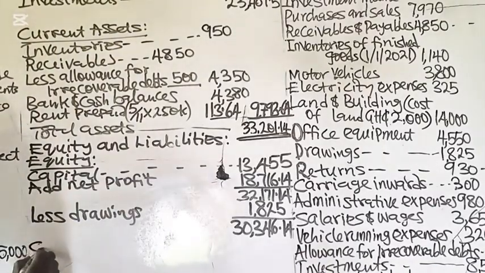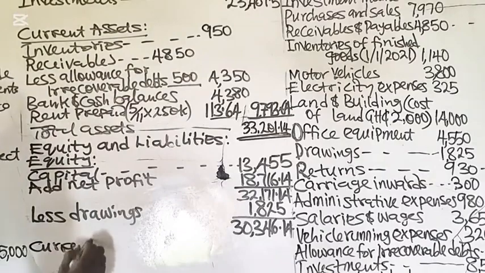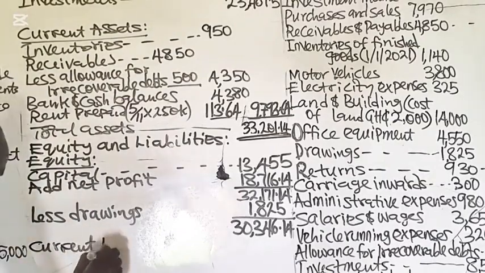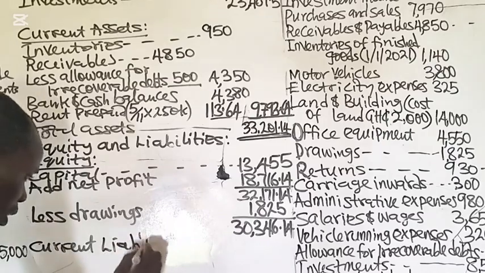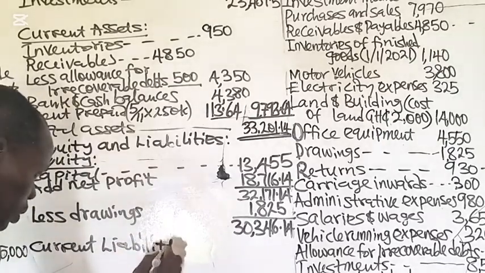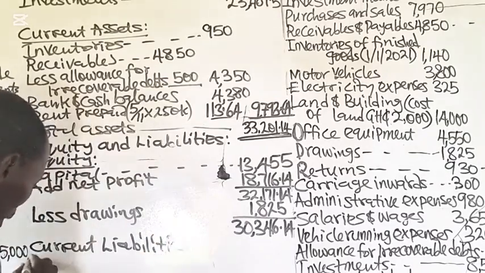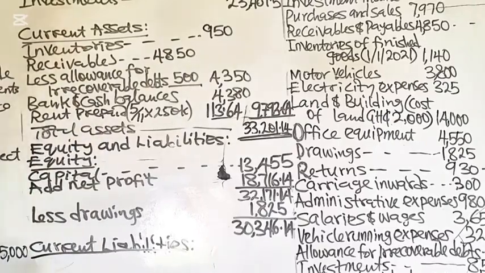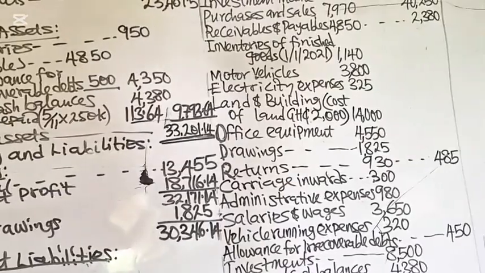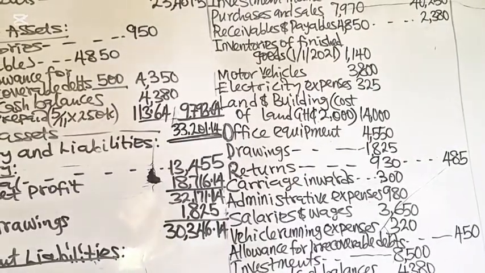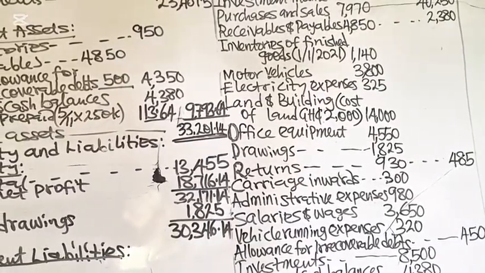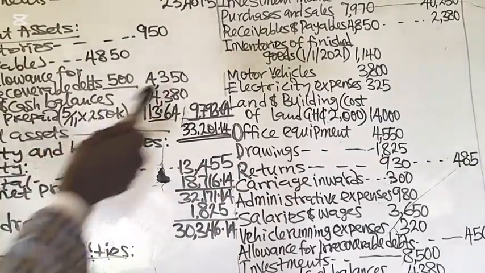Then we have current liabilities. Our current liabilities include payables. In the trial balance, we have receivables and payables.